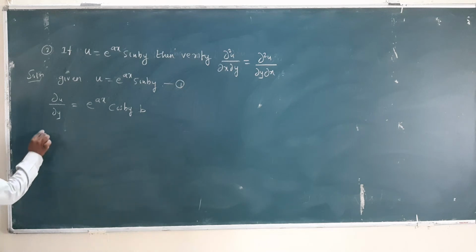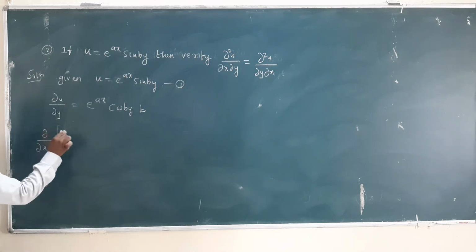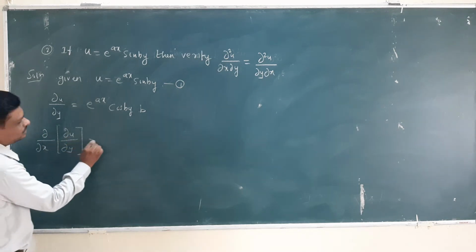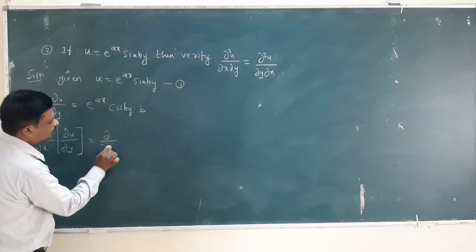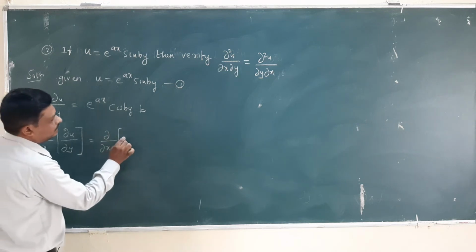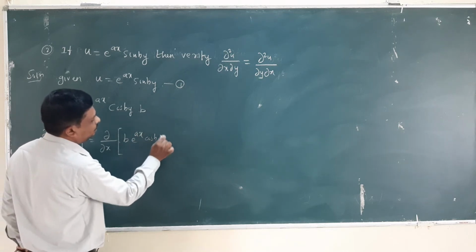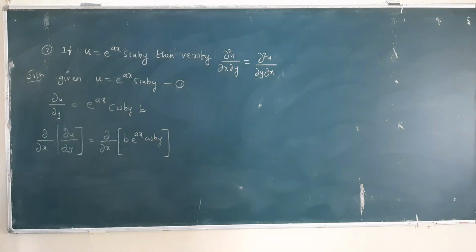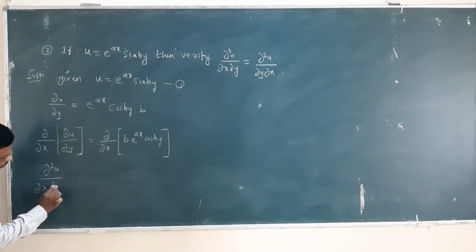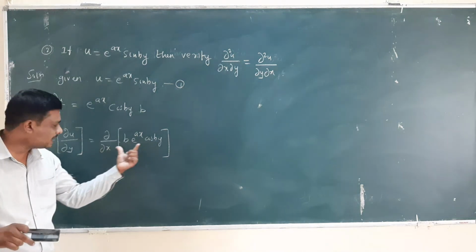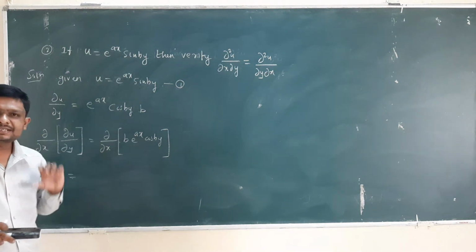Now what I do? I will differentiate dou u upon dou y with respect to x. So this becomes dou upon dou x of b e to the power of ax cos by. So this becomes dou square u upon dou x into dou y. So now I will differentiate this one partially with respect to x, taking y as constant.